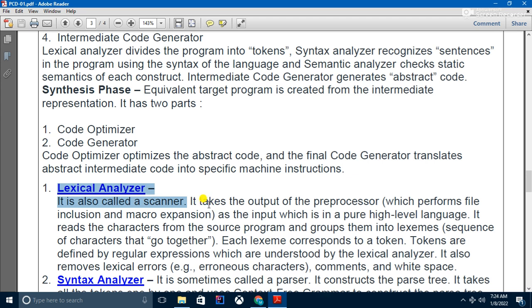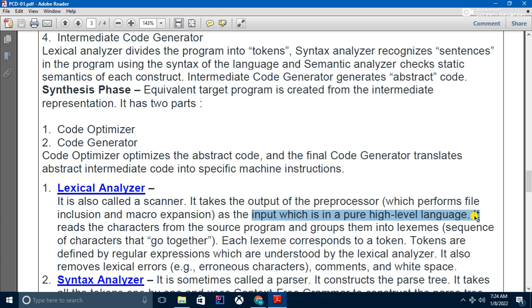After that, it will come to the lexical analyzer. So it takes the output of the preprocessor, which performs the inclusion and macro expansion, as the input, which is in a pure high level language program.